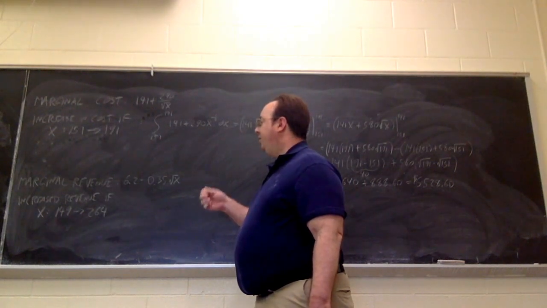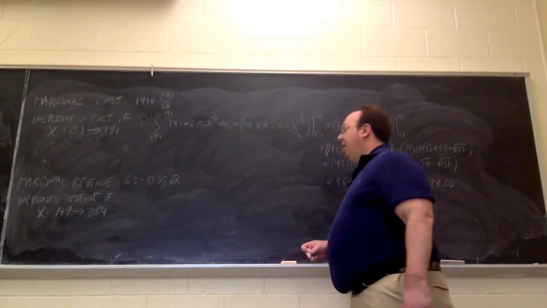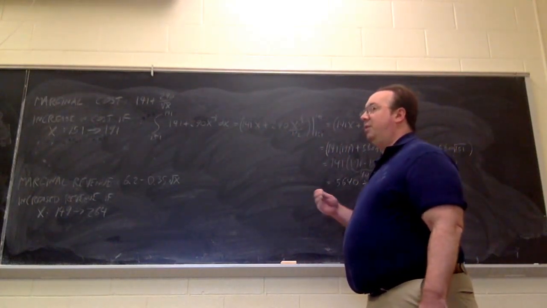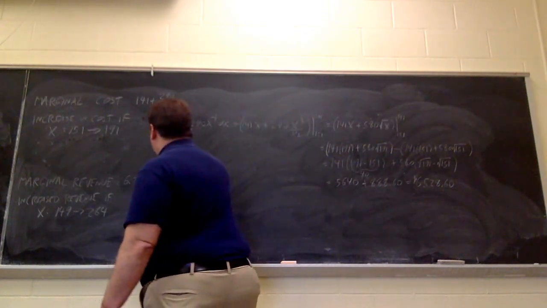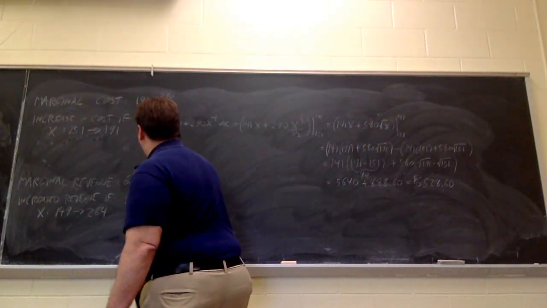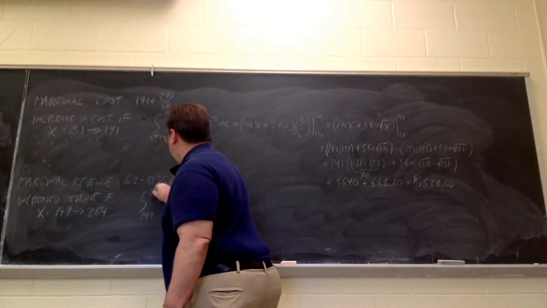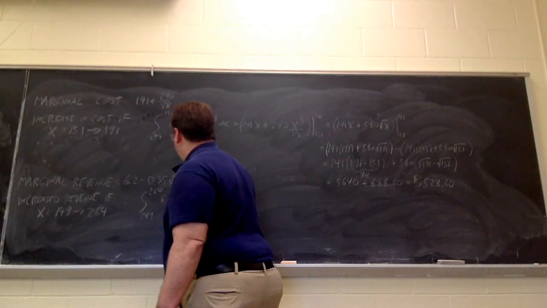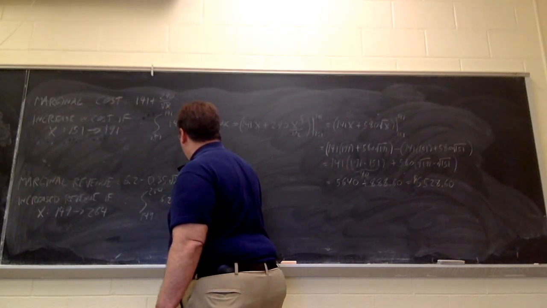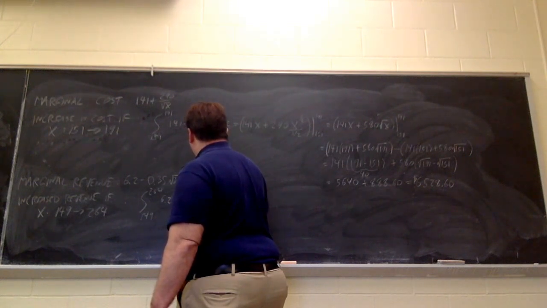So if the number of units sold increases from 149 to 264, how much additional revenue in total are we going to get from that increase? So that's going to be the definite integral from 149 to 264 of 6.2 minus 0.35 x to the 1/2. Once again, I'll write it in that form to use the power rule.